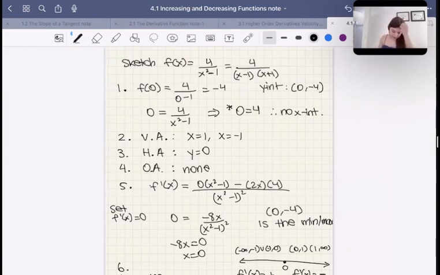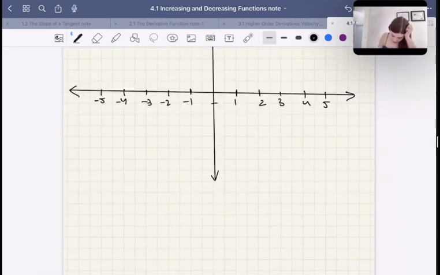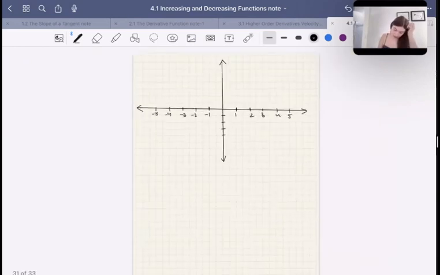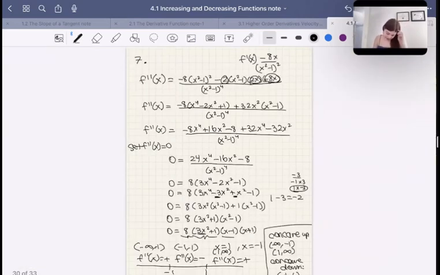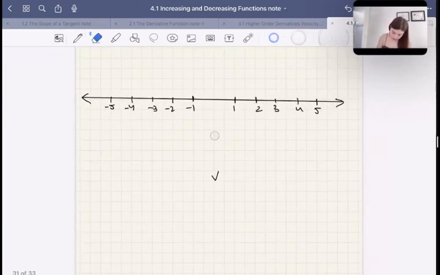So let's move on to what are the intercepts. Well, there's no x-intercept, and the y-intercept is (0, -4). So I'm going to write that in, that it's (0, -4). And let's see, how many negative values do we have coming up? Not that many, so actually I'm going to use the same scale as I used earlier. Oh, and now I need to draw this again.